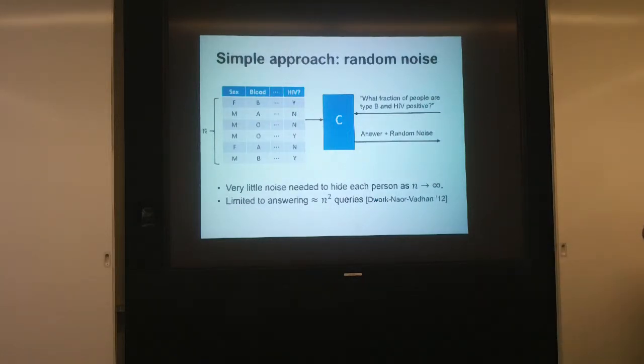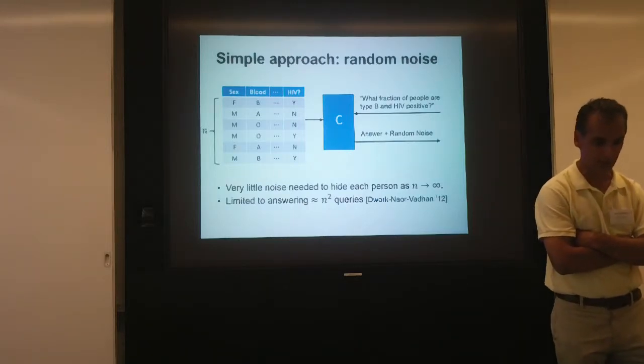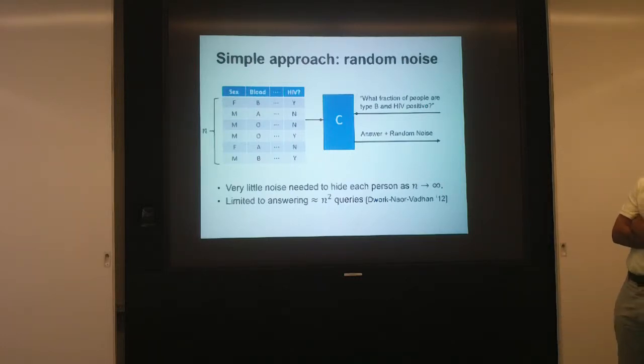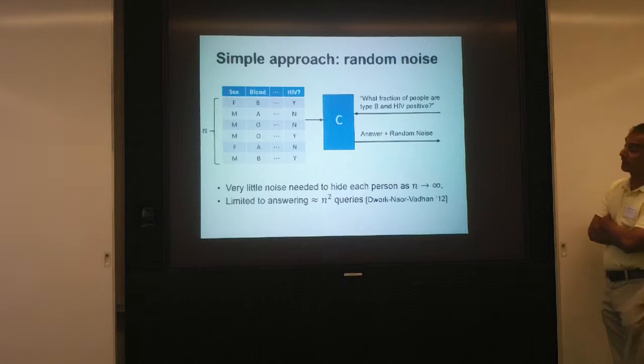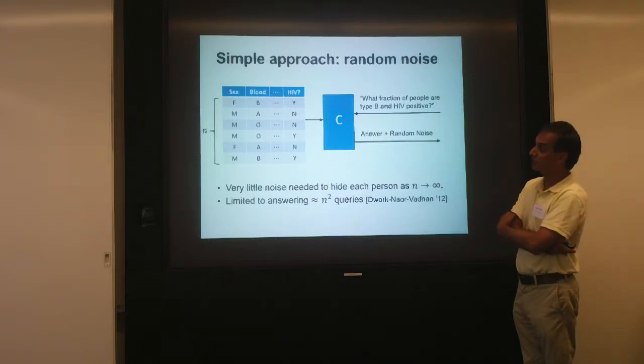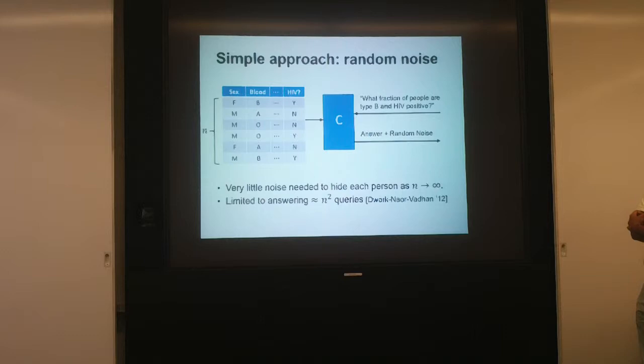A recurring theme in cryptography and computer science is that randomization is a good tool for achieving privacy and secrecy. It turns out that here too, randomization is a very useful tool, and a very simple way to achieve differential privacy is by introducing some random noise into your answers.